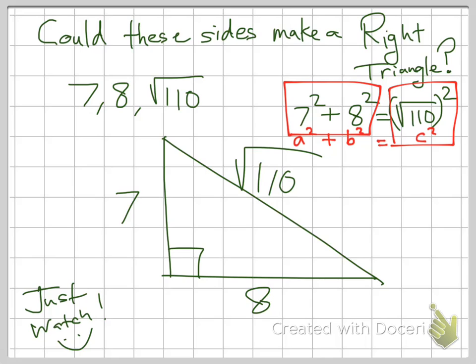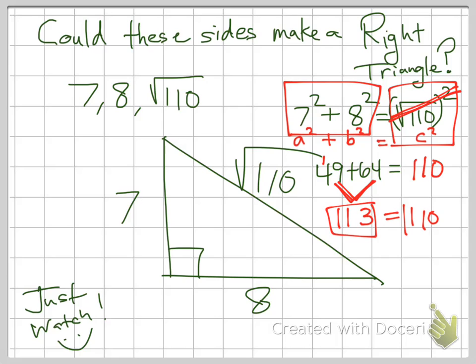Well, 7 times 7 is 49. 8 times 8 is 64. And the square root of 110 squared, well, these two guys just cancel each other out, and that's 110. So let's add these two together. 13, 6 and 4 is 10, 113. 113 does not equal 110.